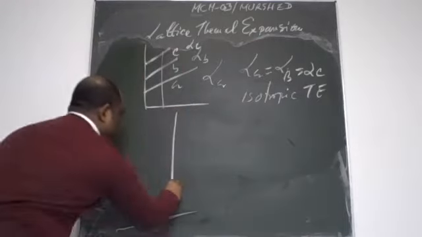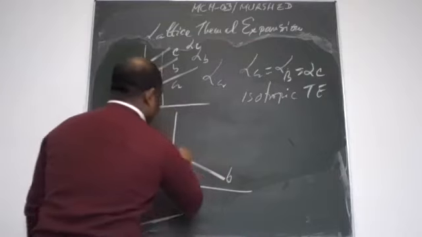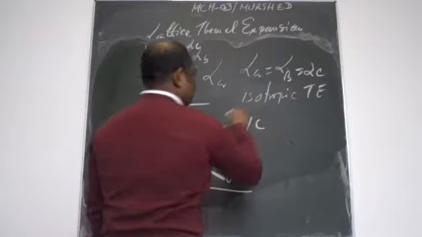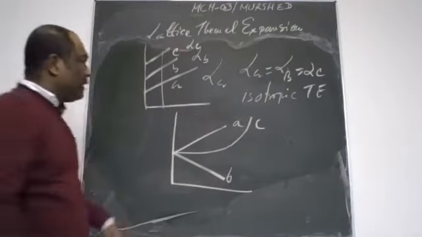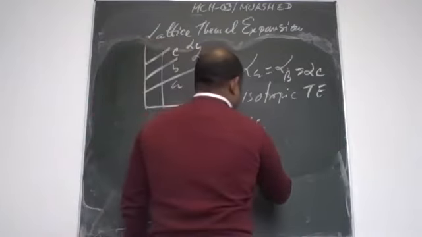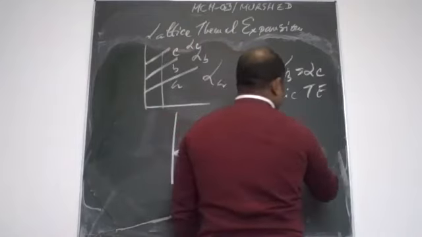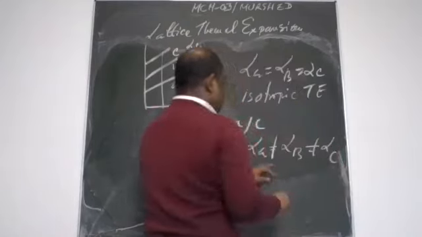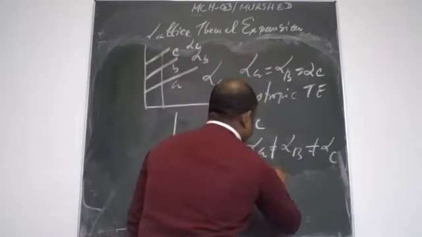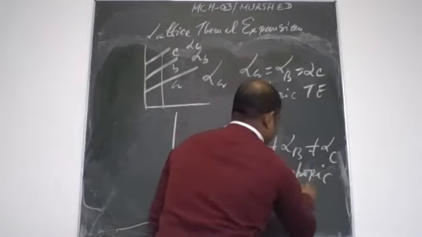But in a system where, let's say, in the B direction it is negative, in the A direction it is positive, and the C direction looks like this, then clearly at any given temperature alpha A is not equal to alpha B, not equal to alpha C. This system is so-called anisotropic thermal expansion.